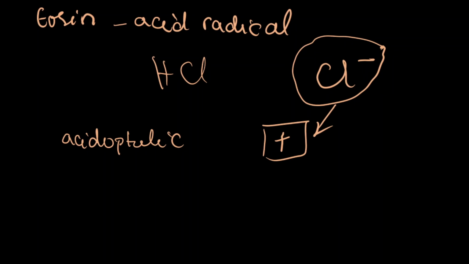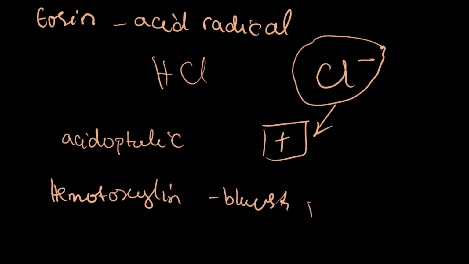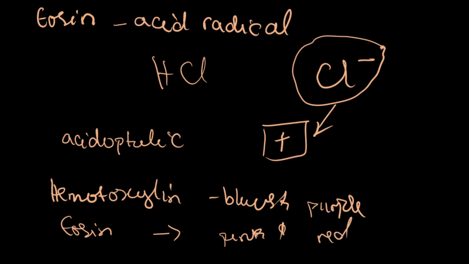Okay, all of this staining and all of these colors: for hematoxylin we have a bluish purple stain, and for eosin we have a pink to red stain. Now, all of these stains and colors are because of the nature of light. From physics we know that white light is made of a spectrum of colors.